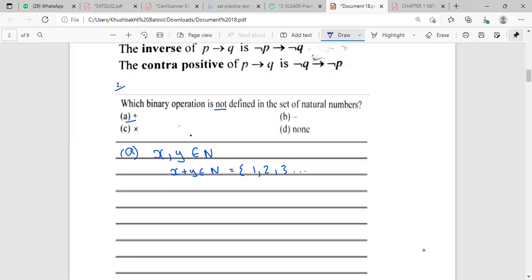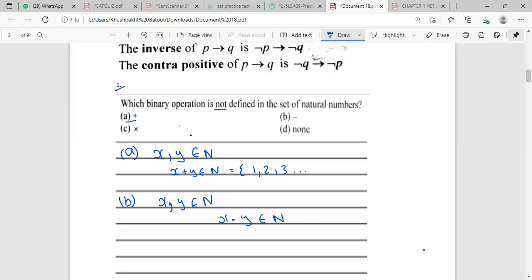If we talk about the second one, if I have x and y, two numbers belonging to the set of natural numbers, and I do x minus y, is it necessary that x minus y is in the set of natural numbers? Ma'am, the answer can be negative as well. Exactly, the answer can be negative, very well said.